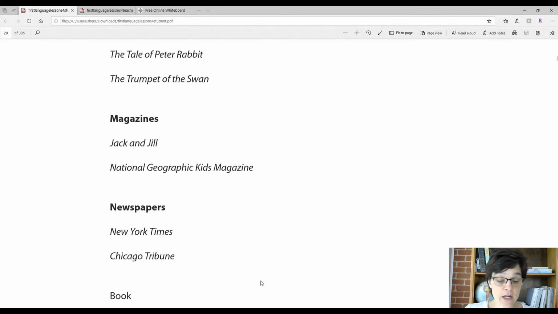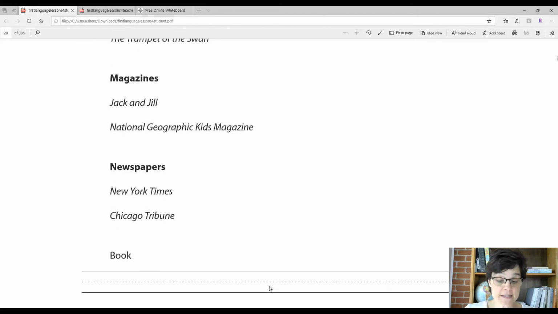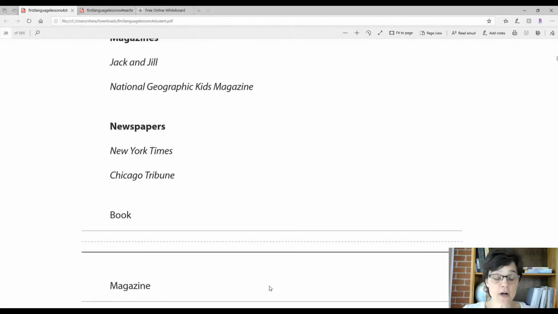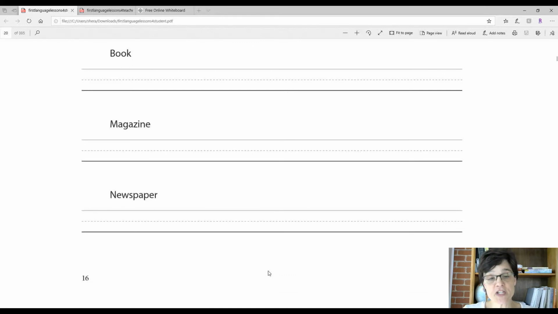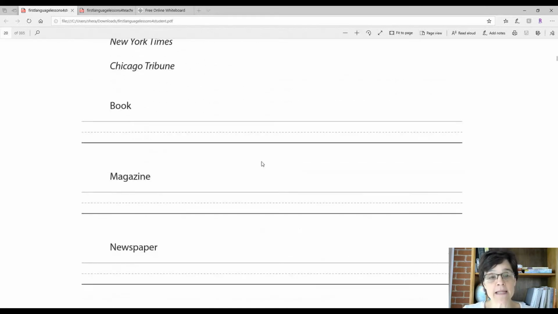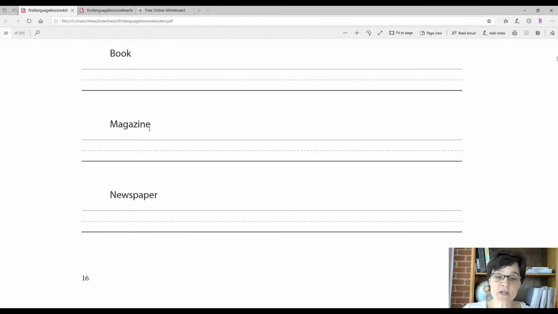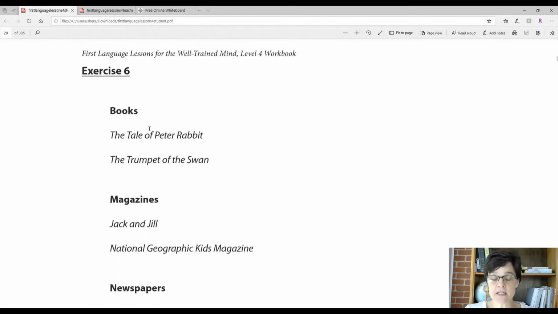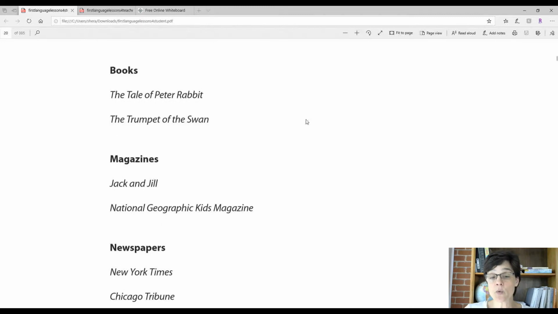Using your best handwriting, copy one title of a book, magazine, or newspaper from exercise 6. Okay, so there you go. I didn't read ahead. It's telling you to just take one of these up here and write them. But not only do you need to see what's capitalized and what's not, you also need to know the different ways of writing and typing them.